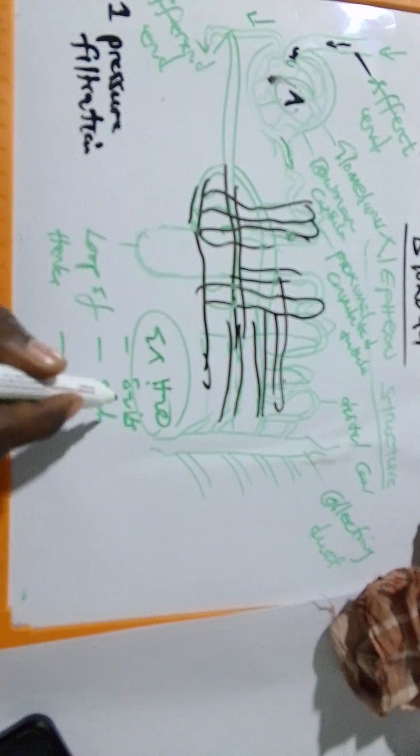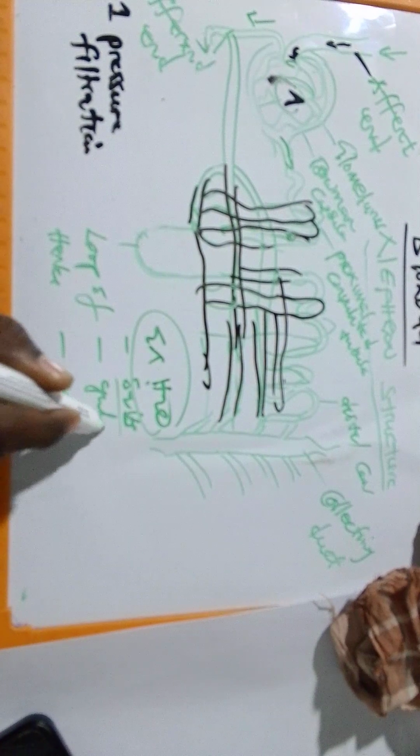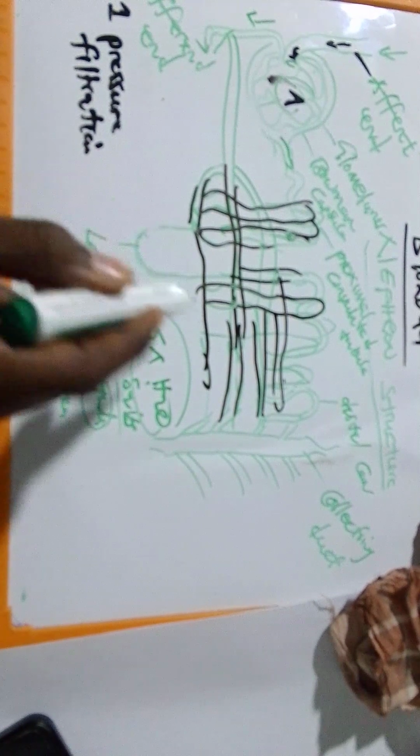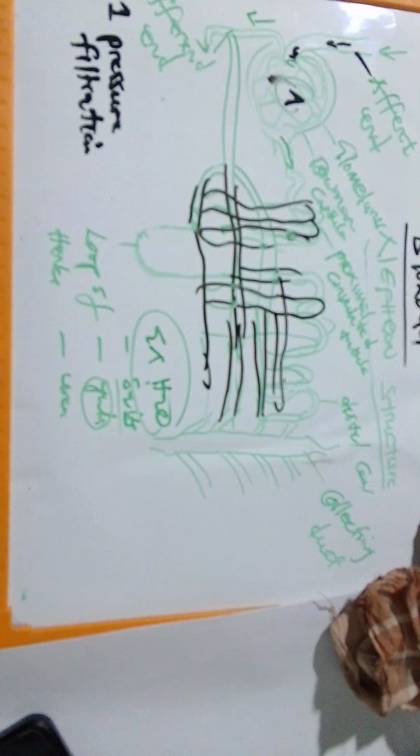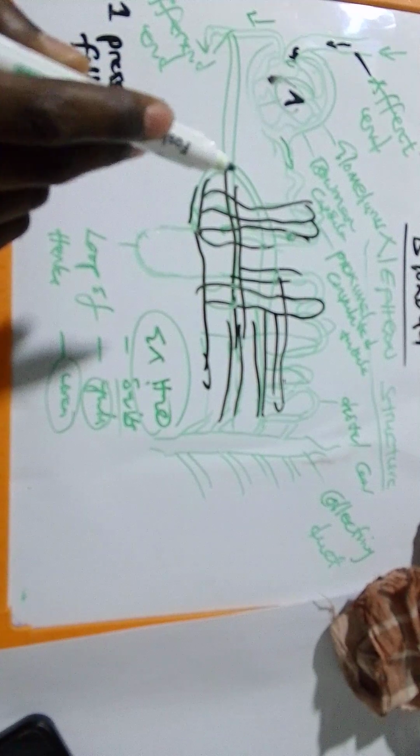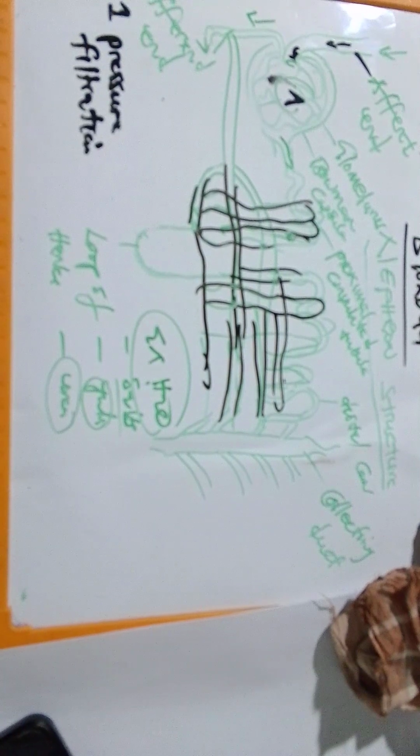Then also the same with salts, and all the glucose will be reabsorbed back into the blood. In case of urea, urea is a dangerous product, so it cannot be reabsorbed back into the blood.